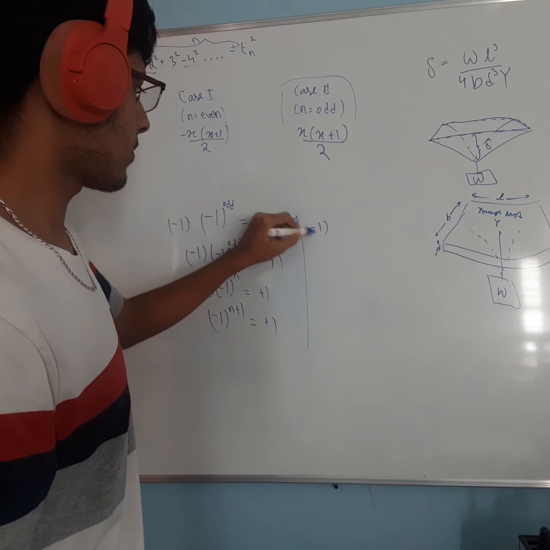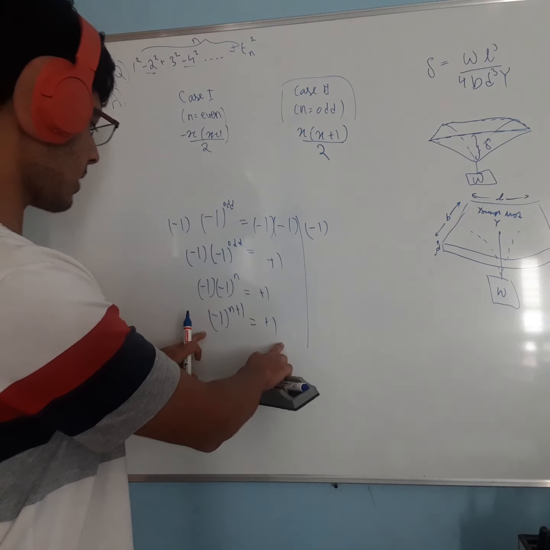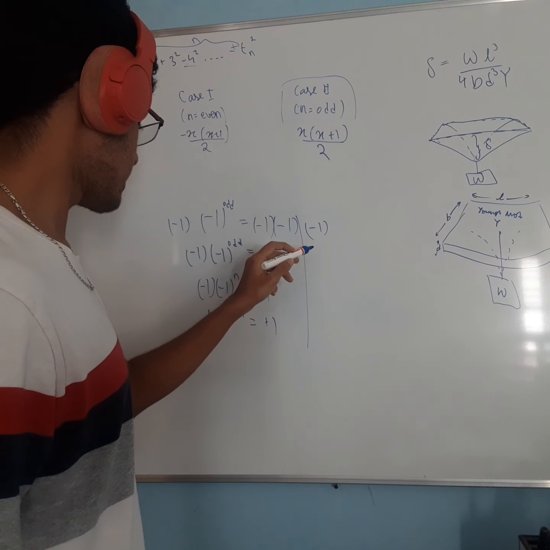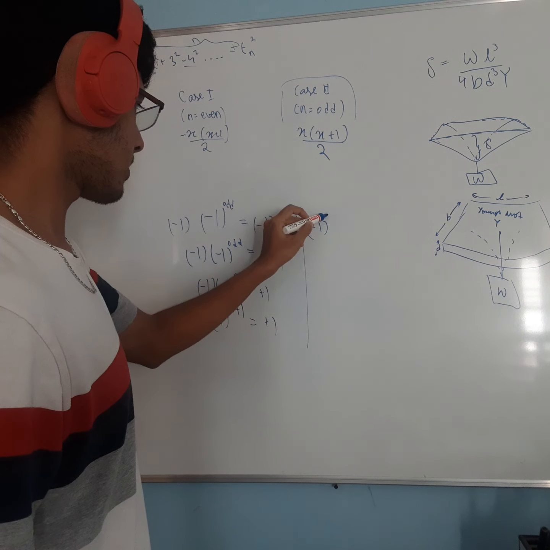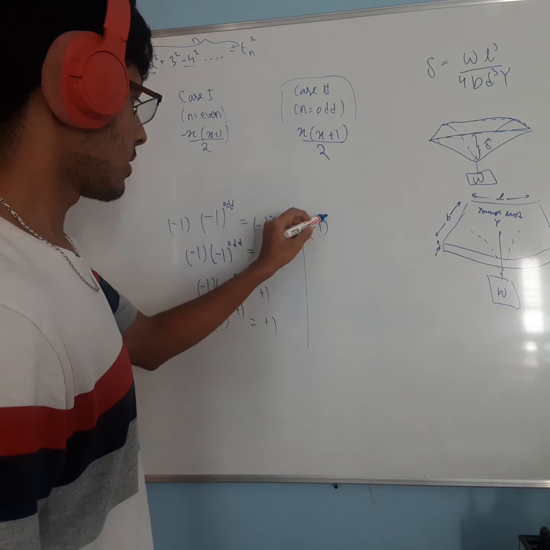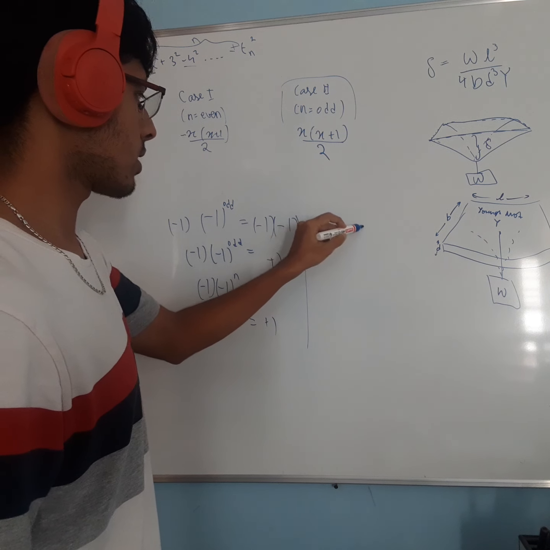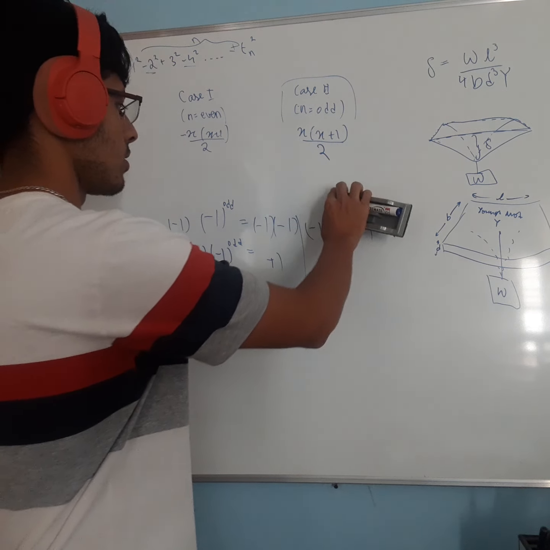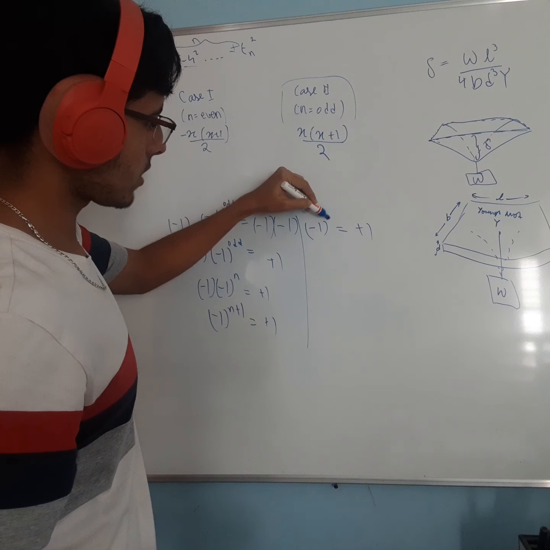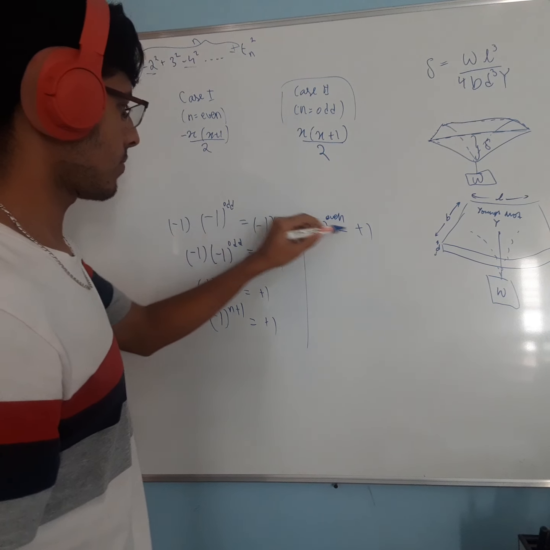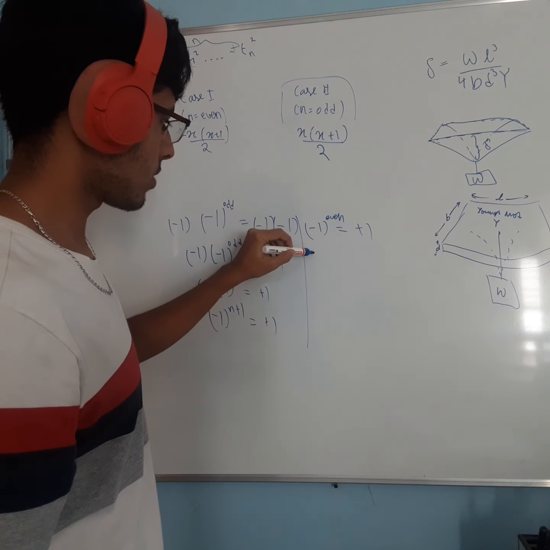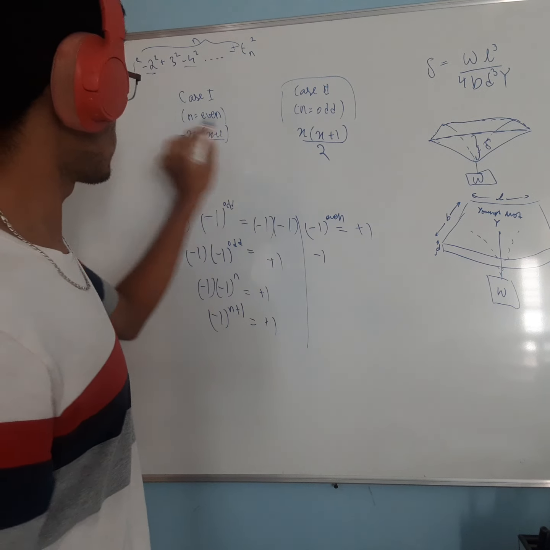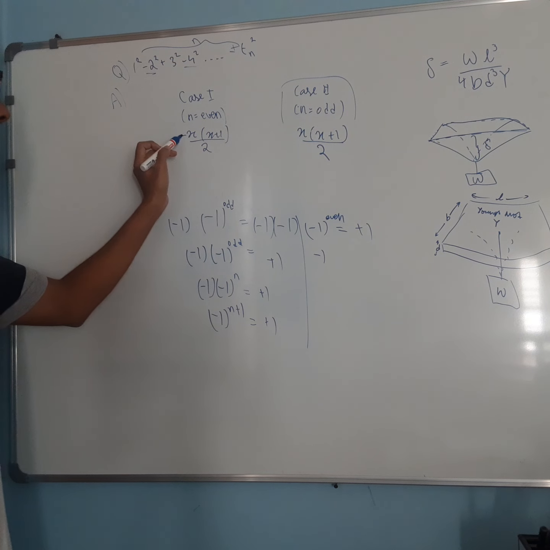But let's take n as even. Using the same equation, let n just be an even number, like 2. It's always going to give you a positive 1. So minus 1 power even is going to give you positive 1. This is not how we want it to work. For the even case, we want it to be negative.